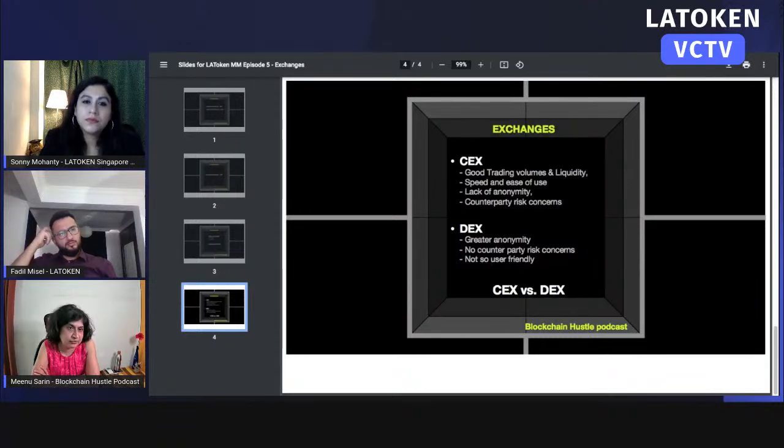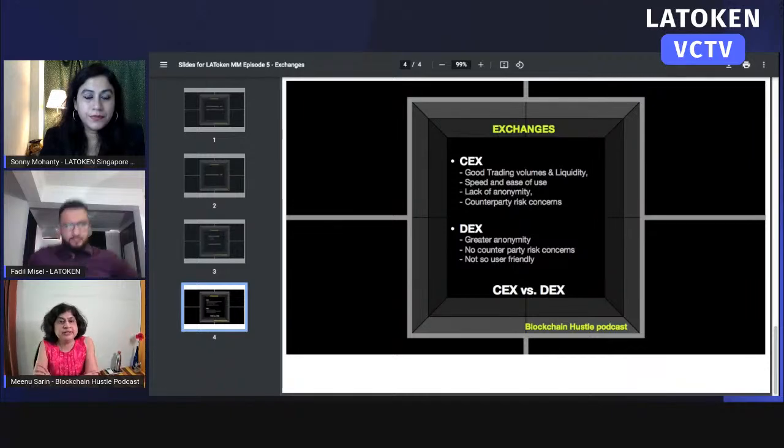I would need to know a lot of things about how to work with a decentralized exchange. And typically, experienced crypto traders are the ones who would be using the decentralized exchange, and not your general retail traders. So that broadly is the difference between the centralized and the decentralized exchange.